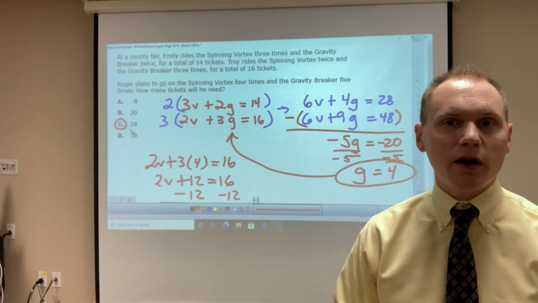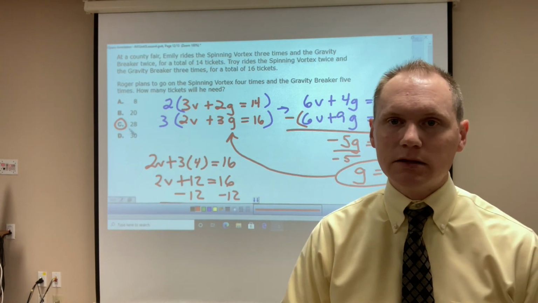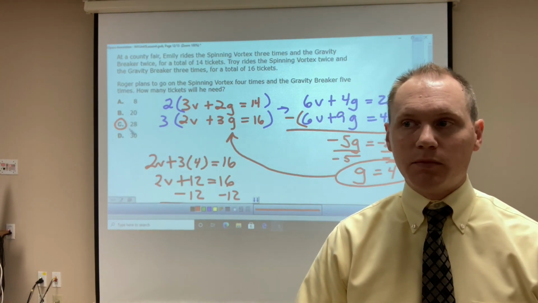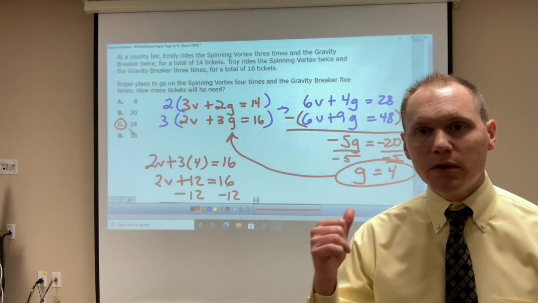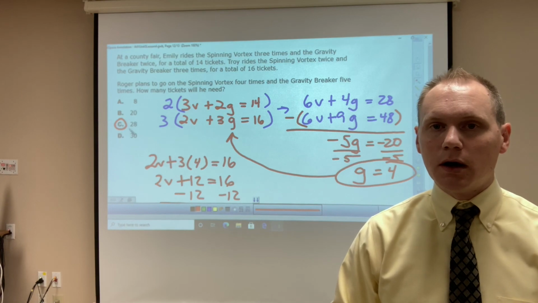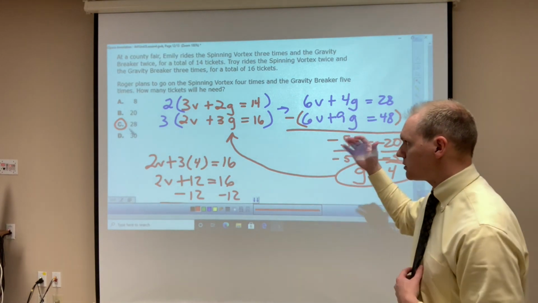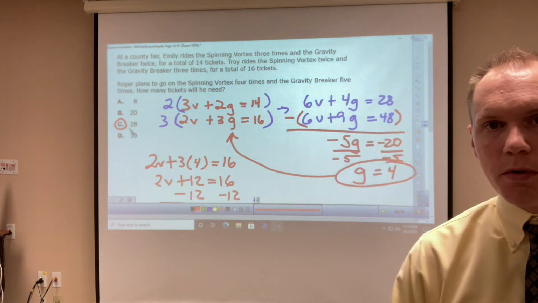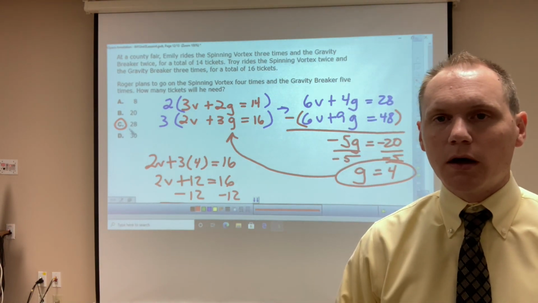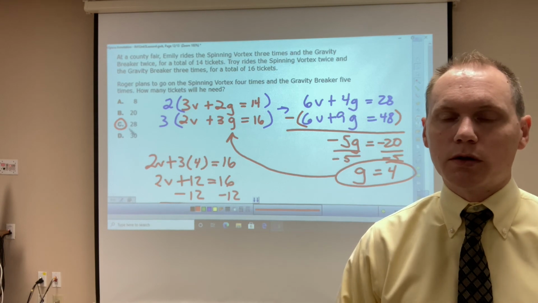If one of the variables is not easy to isolate, meaning maybe it's got a coefficient in front, so you have to use some fractions, that kind of thing, maybe elimination is the way to go, where you can either add or subtract the equations. You can multiply one of the equations or both equations if necessary to eliminate one of the variables rather quickly.